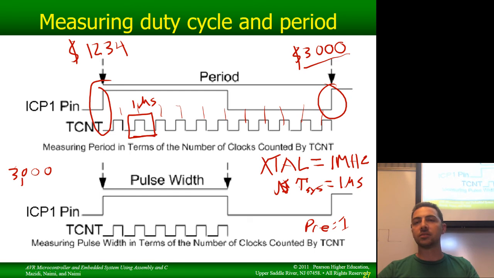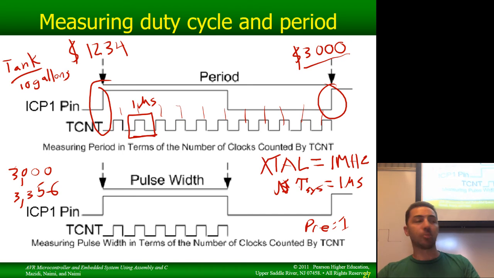Then you wait till you're empty again and you refill your tank. And now your odometer says 3,356. What is your mileage if your tank holds 10 gallons? 35.6 miles per gallon.